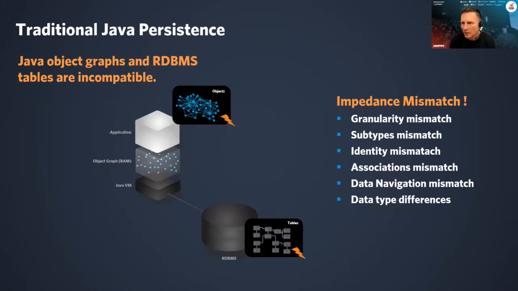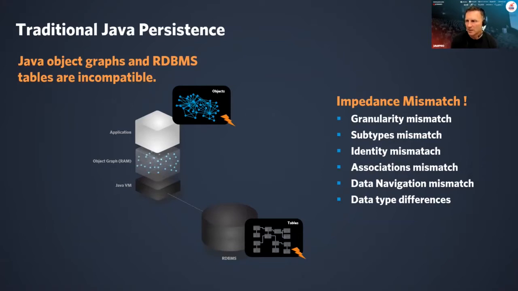But now with the new NoSQL approaches, we are going to use different data structures, completely different models and approaches. When we look at these approaches, we see that they are also incompatible with Java object graphs, so we always have the same problems. Here on this slide, we can see the architecture of a Java app. It uses an object graph in memory. When we want to store data in a relational database, the database uses tables and columns, and it's not possible to store complex object graphs in tables.